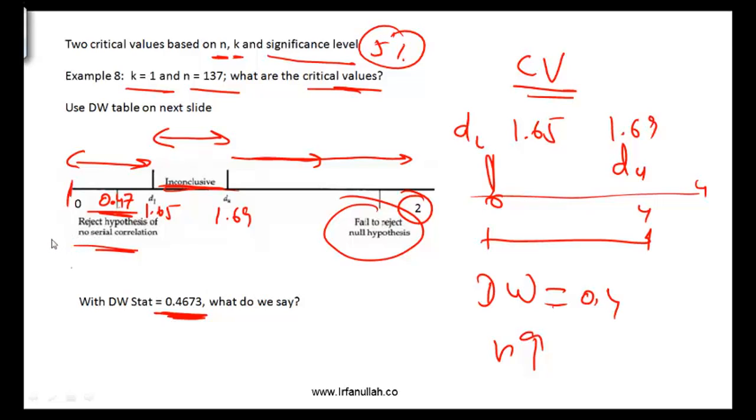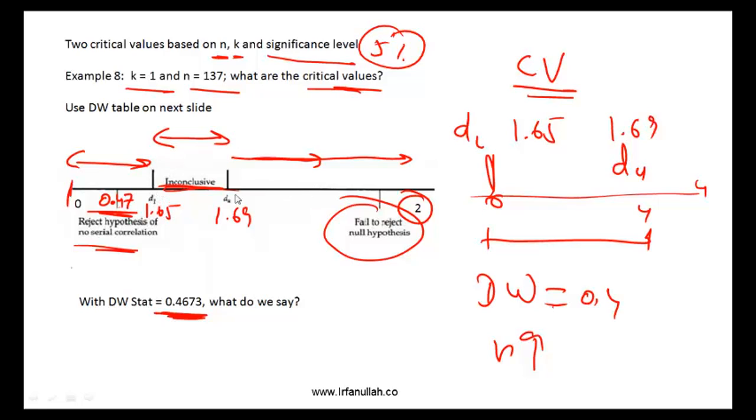So the question is negative or positive? A small number means that we have positive serial correlation. And approximately how much is it? 0.7, which we calculated on the earlier slide. The question is, what if the DW is greater than 2? Then it depends how much greater. Right now we are in this range.